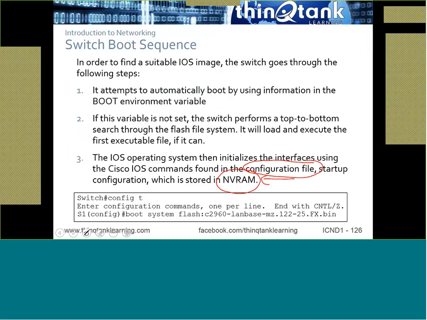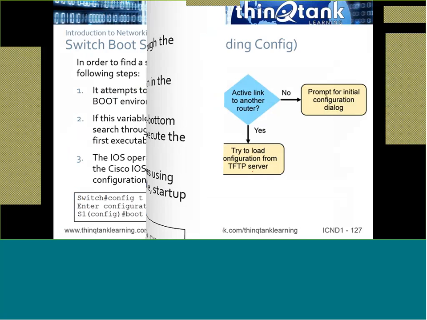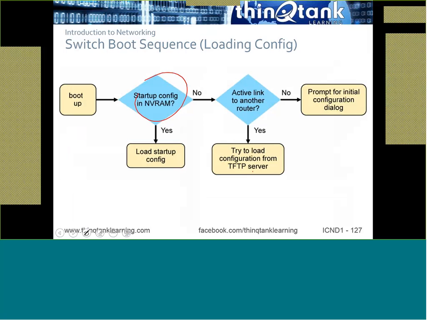Well, that's where the startup config is stored, in NVRAM. So the device goes and it tries to find the startup config in NVRAM. If there is a startup config, it goes ahead and loads it. If there is no startup config, it may try to load a config from TFTP, or it goes into setup mode.